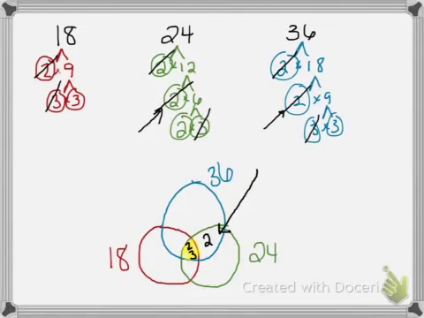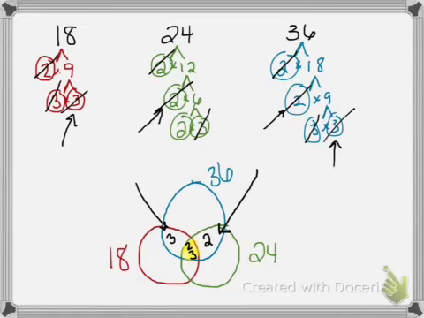Now if we look over at 18 and 36, we see they share a 3. So that goes in the section shared by 36 and 18 right there. Let me cross that off, and that goes in here.